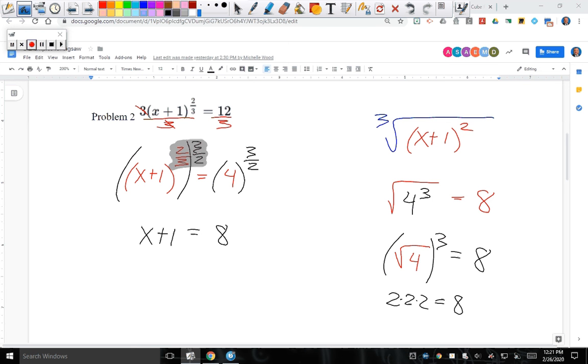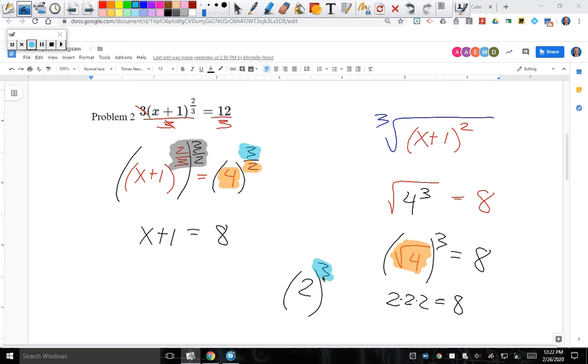So basically when you have a number and a fractional exponent, you would take the root first, the denominator, the square root. So what we did just now to make it easier is I saw this 4 and I'm going to do that first, because the square root of 4 is 2. Then I'm going to raise it to the third power, which is the numerator piece here, and that's how I get 8.